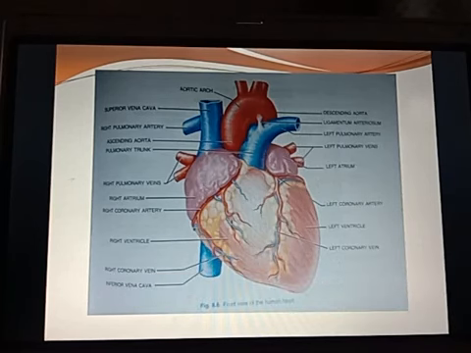The right coronary vein and right coronary artery basically supply oxygenated and deoxygenated blood to the right part of the heart respectively. So this is a diagram that you need to understand, the various parts of the heart in its frontal view.